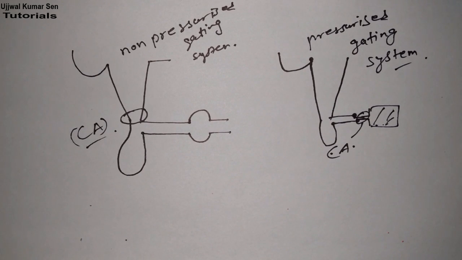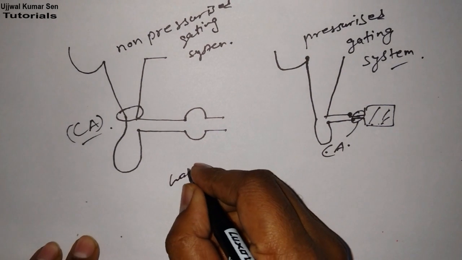That's right. Now what I was talking about just before, how we can tell about the system, I mean the casting that is going on anywhere, right? How can we tell that this is a pressurized gating system or non-pressurized gating system? Actually, I have already shared with you a video about it, known as gating ratio.